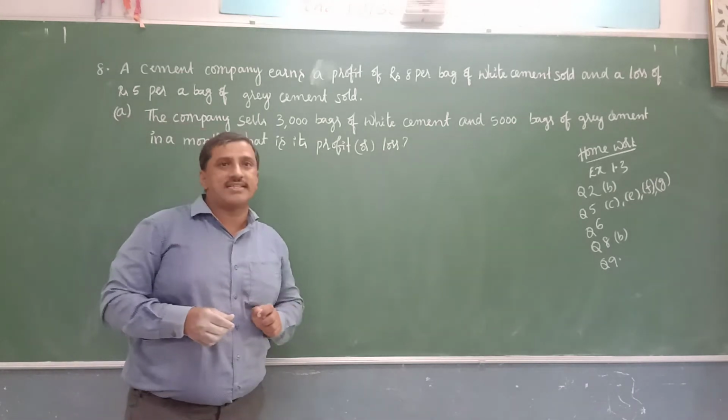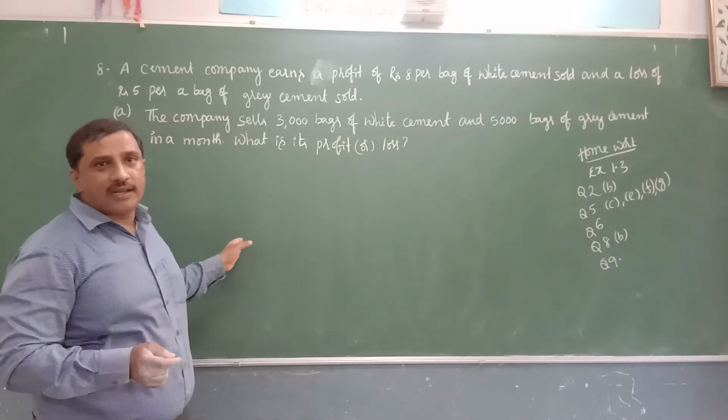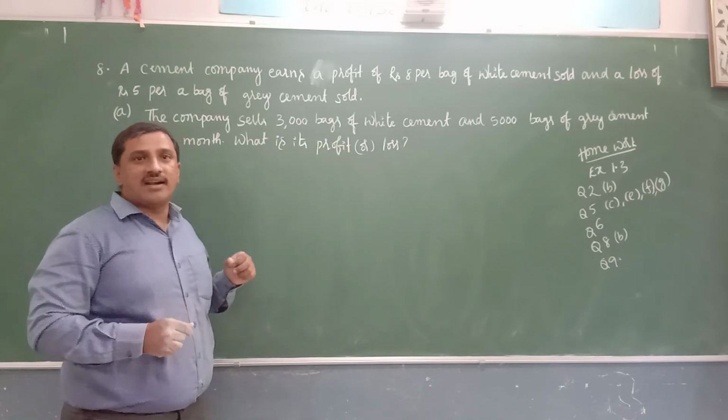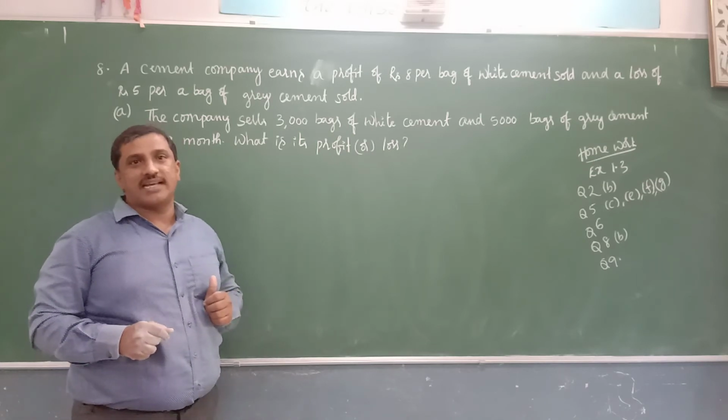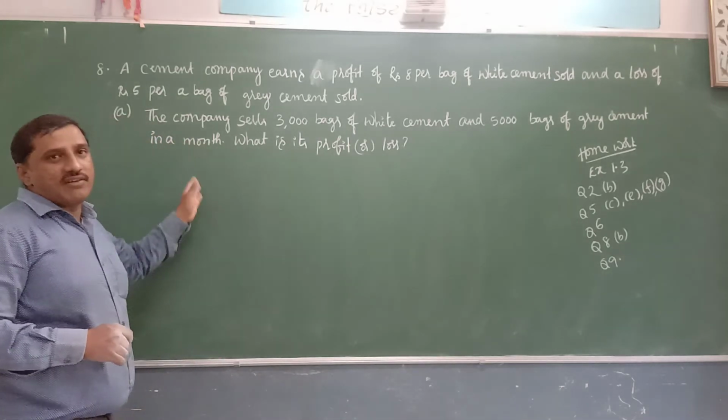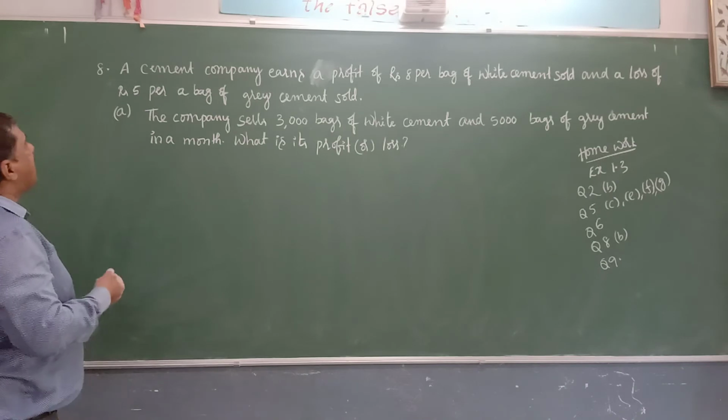As we discussed in the first class on integers, we represent profit with positive integers and loss with negative integers. So we are going to study the applications of integers again with one more sum. It is question number 8.